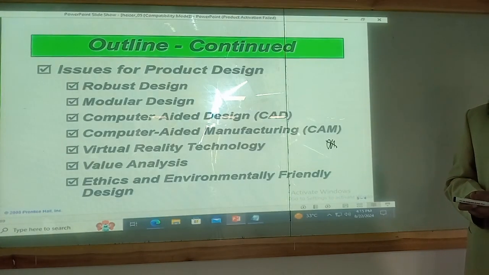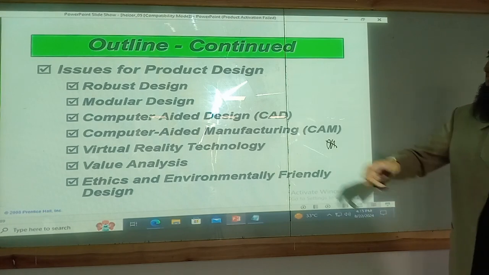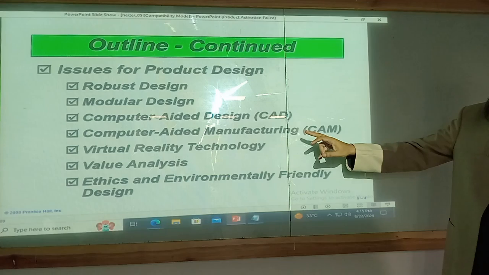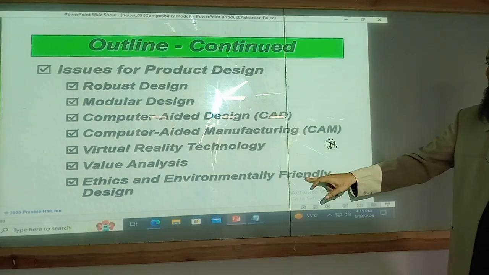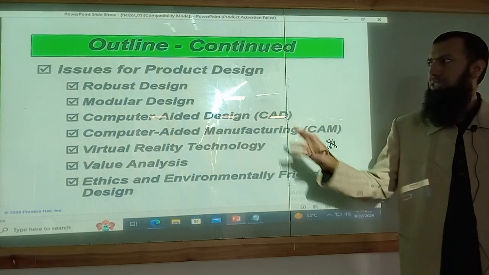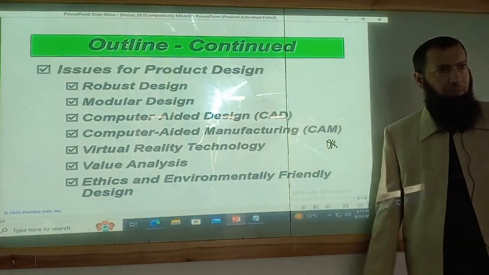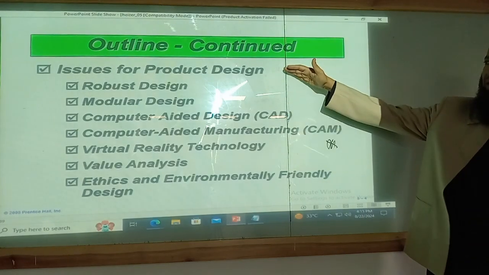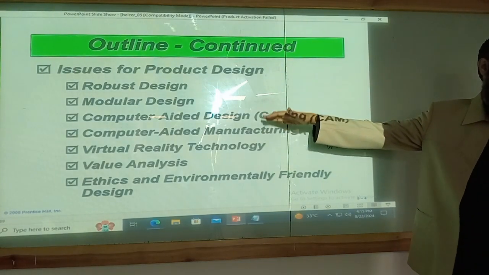Issues for product design. Robust design, modular design, computer-aided design, computer-aided manufacturing, virtual reality, value analysis, ethics and environmentally friendly design. This is the most important one. Remember, issues for product design is the most important one because these are different ways you can design your product.